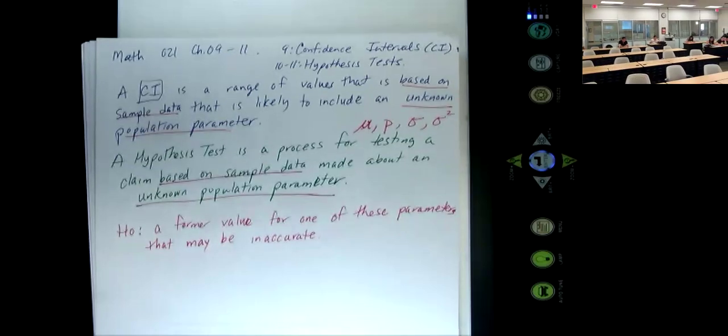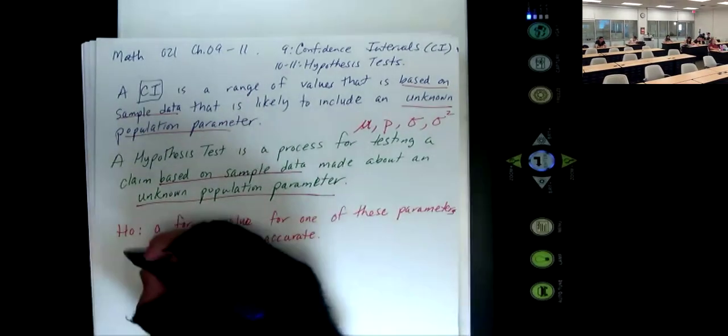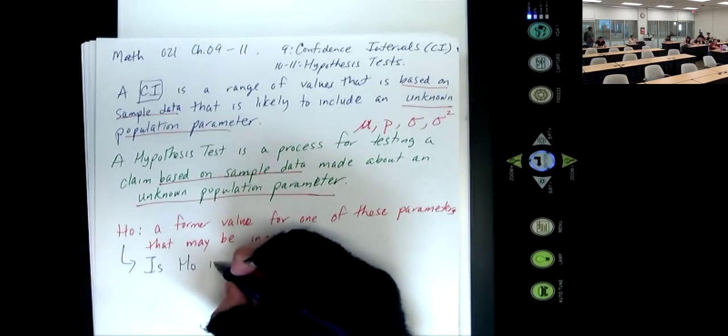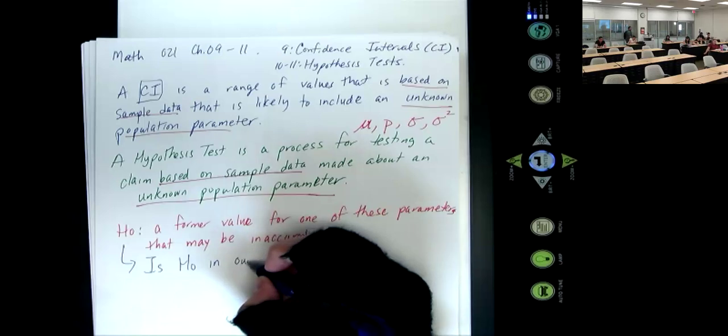So what the hypothesis test is really doing is asking: is H naught in our confidence interval?